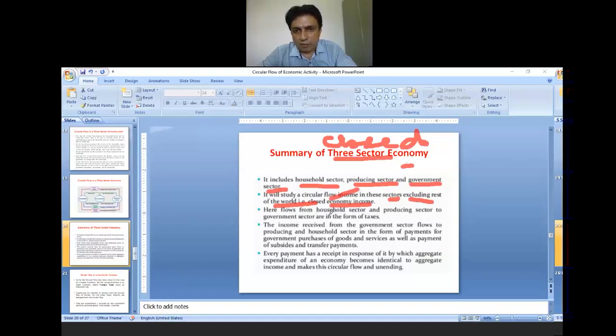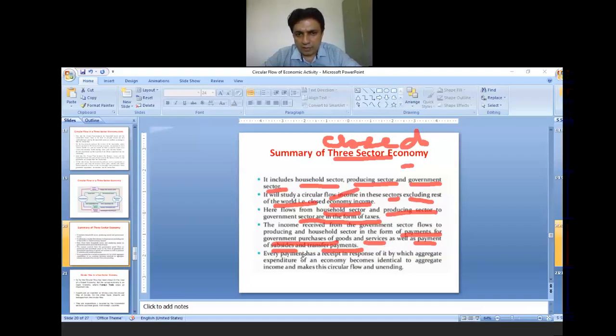Here the flow from the household sector and producing sector to the government sector is in the form of taxes. The income received from the government sector flows to the producing and household sectors in the form of payments for government purchases of goods and services, as well as payment of subsidies and transfer payments. The government provides subsidies and basic infrastructure for companies to work and sell their products.